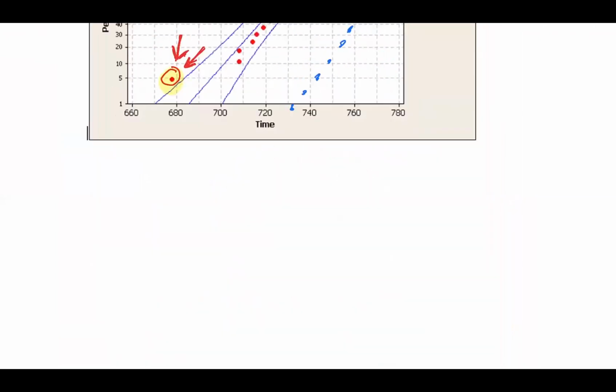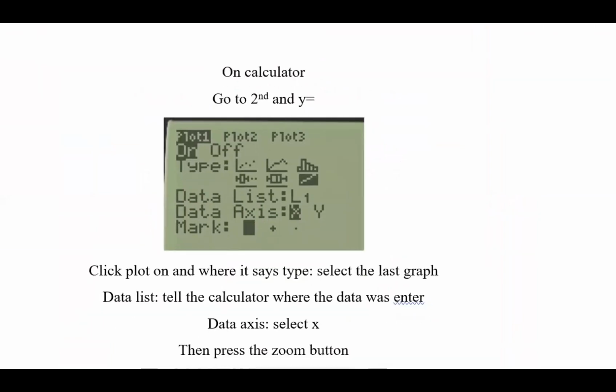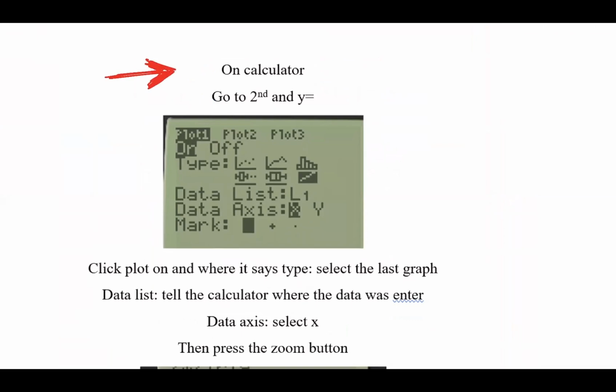Up next, I'm going to show you some other examples. If you have the TI-83, here are the instructions on how to do it, in case you got lost in anything.